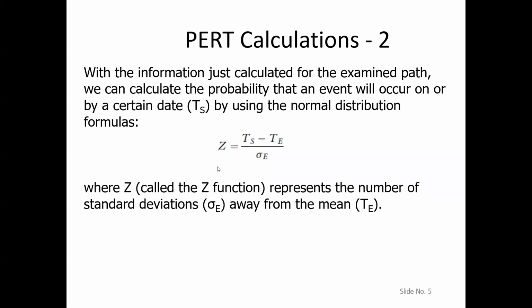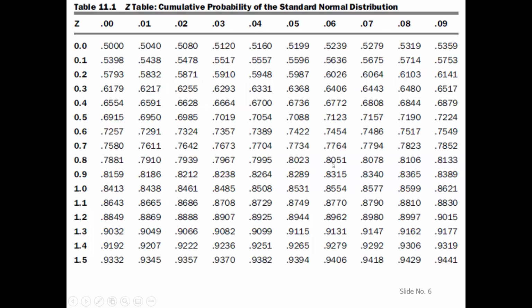This Z represents our position, by the number of standard deviations away from the mean value, which is taken as TE. So this is some brief theory about PERT.